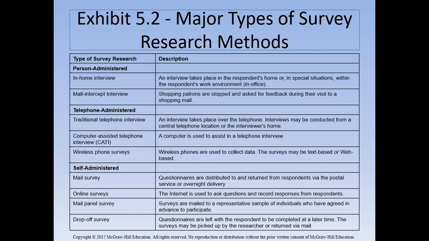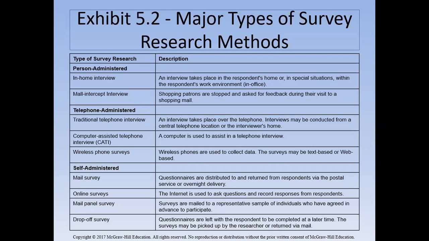As we said, there is also the self-administered one. The first is person-administered, where somebody is there administering the survey. The second is self-administered, which, as we said, includes mail and online surveys. You have the mail panel survey and the drop-off survey.